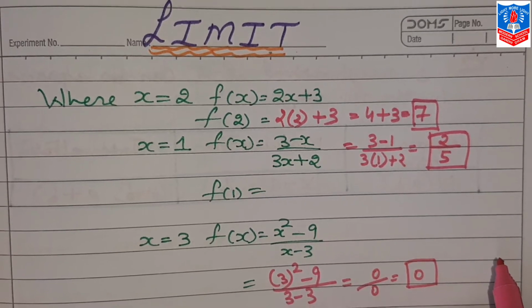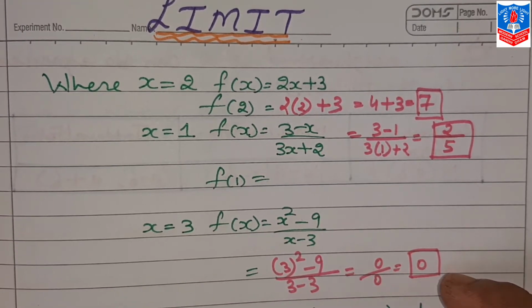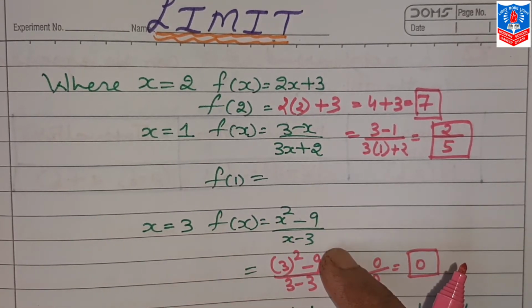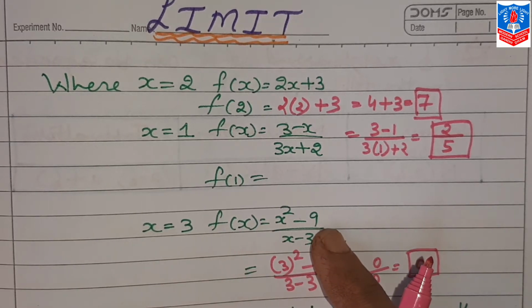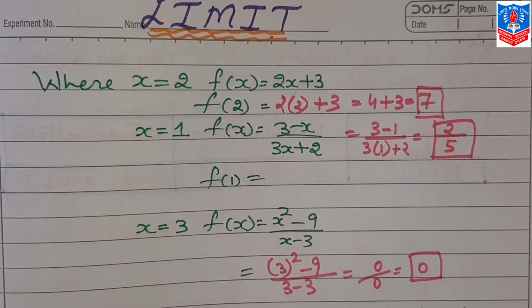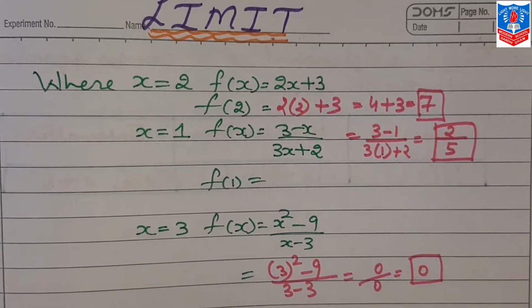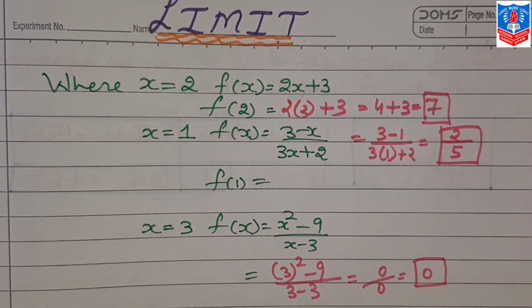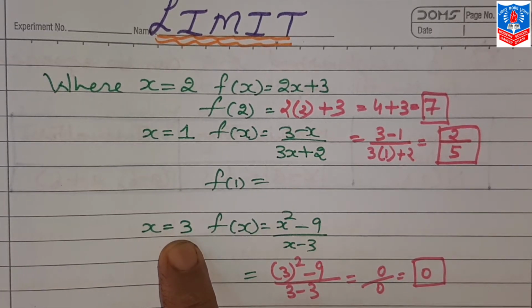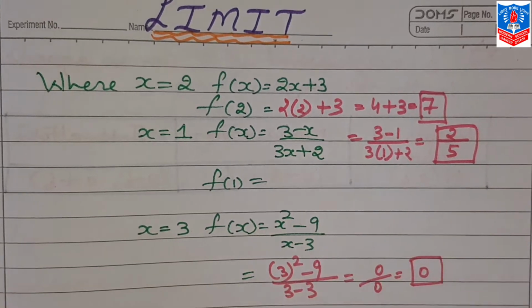Now question arises that how this value, where the value of x is 3 and function is there, if we put the value of x as 3, then we get only 0 upon 0, which is an indeterminate value. To find approximate value of f(3) for this function, we need to know the concept of limit of a function.